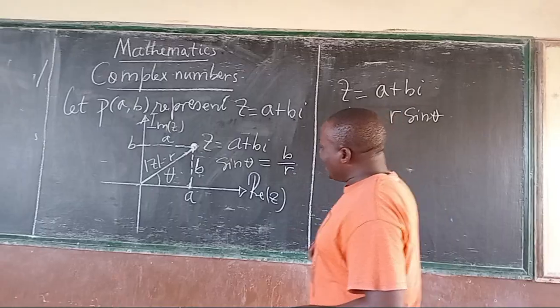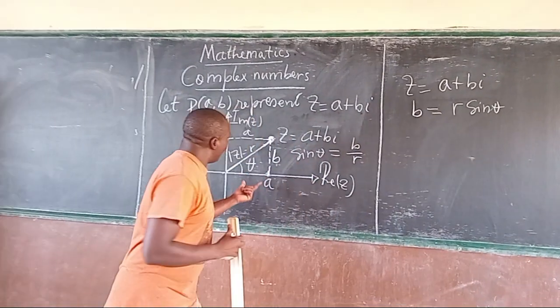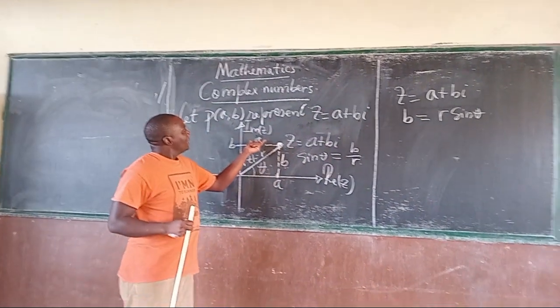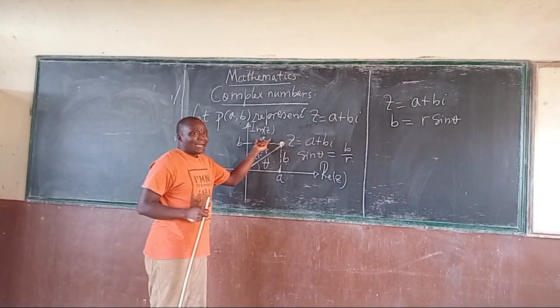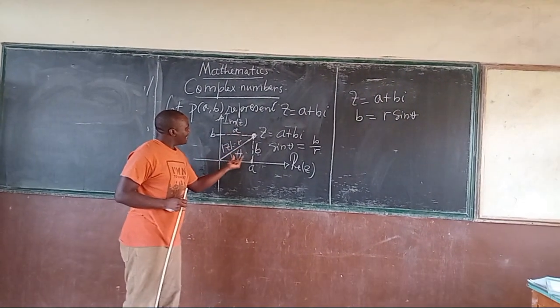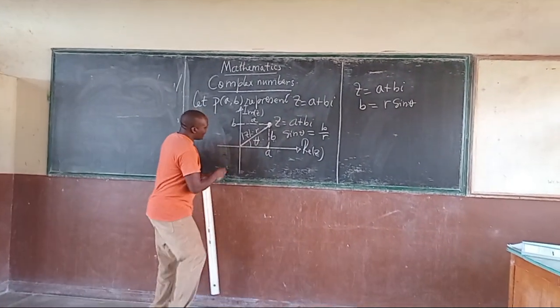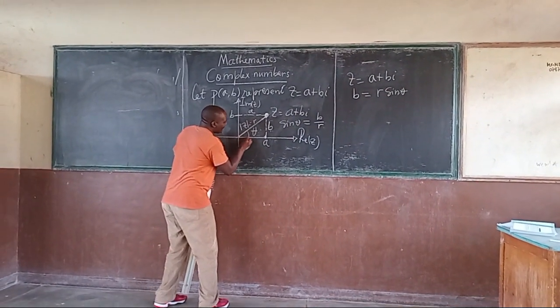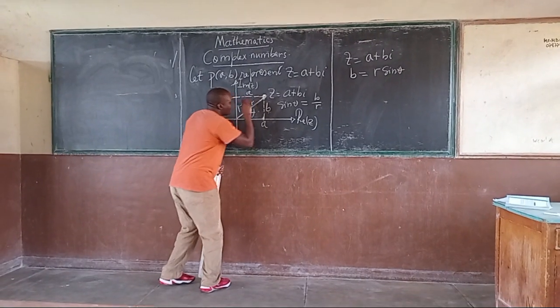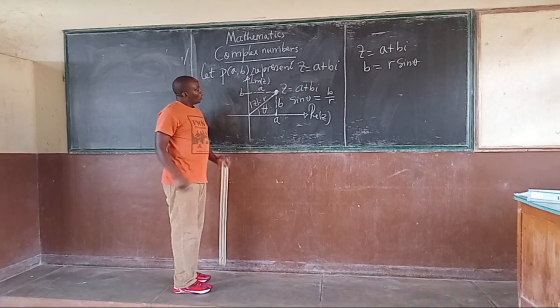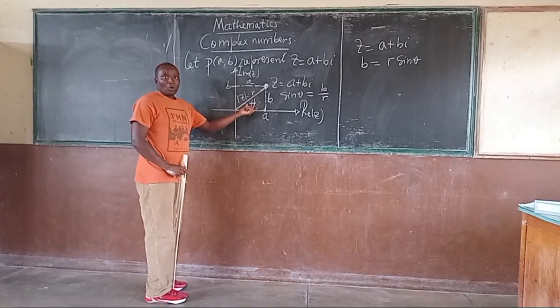Then again, you can find the value of this side A related to our given angle theta. As you see, the side A is the adjacent side of your given angle theta.